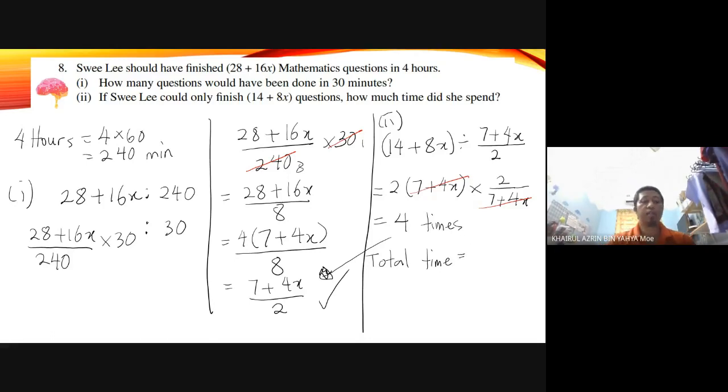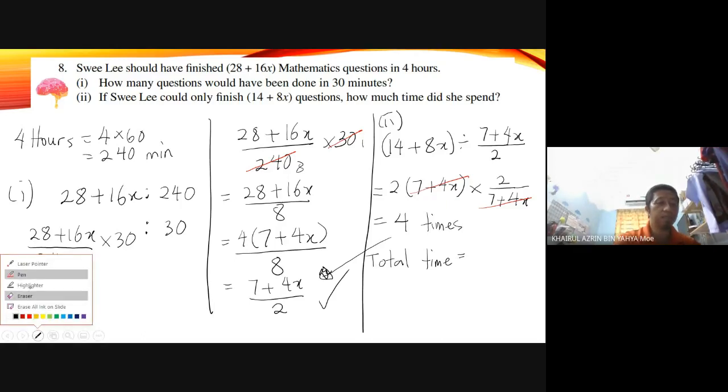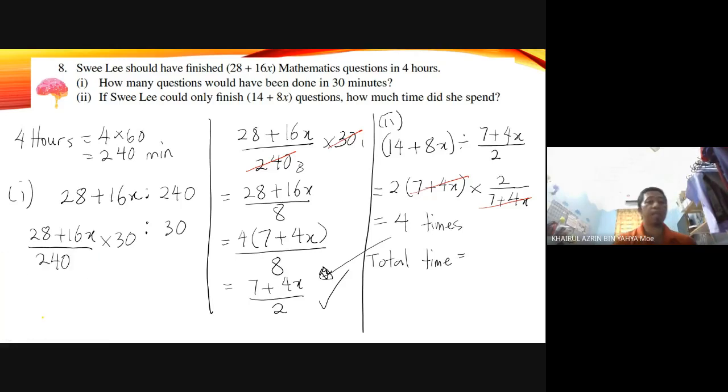okay. So let me use highlighter first. In question number 1, how many questions would have been done in 30 minutes? This one, 30 minutes. Meaning, this one, 7 plus 4x over 2. The one for 30 minutes.